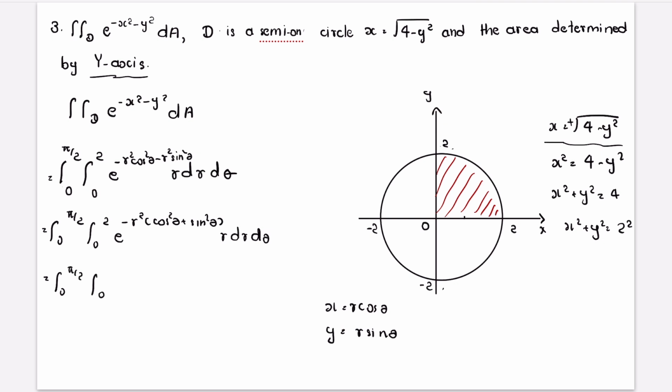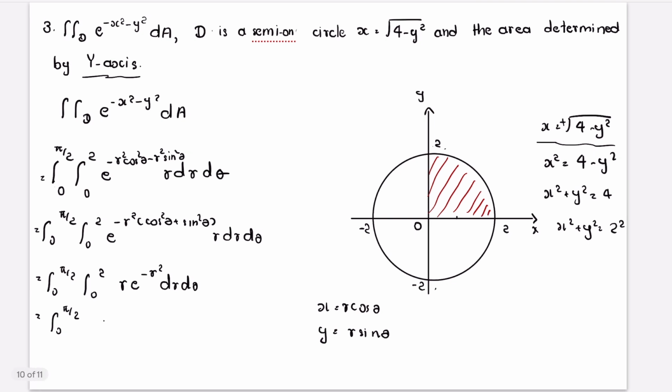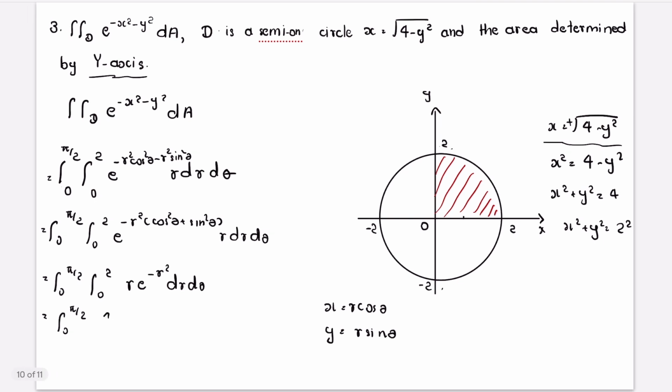So we will only get r e power minus r squared dr d theta. So we can integrate that. When we integrate that, we will get e power minus r squared over minus 2. Yep, we can double check.